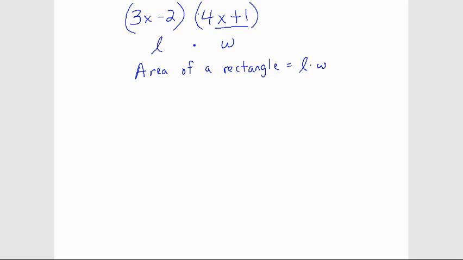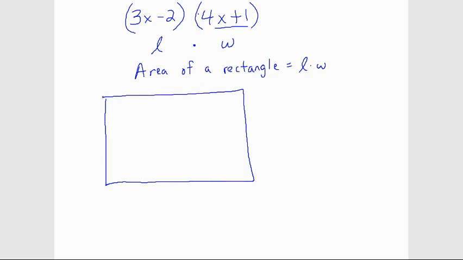So what we can do is represent a rectangle. I'll just put L at the top and W off to the side. But remember, L is equal to 3x minus 2. And W equals 4x plus 1.